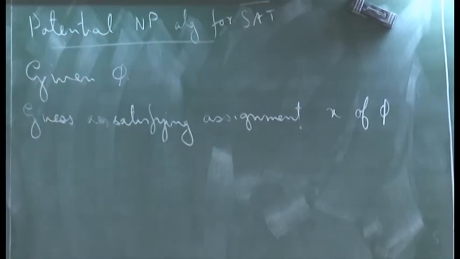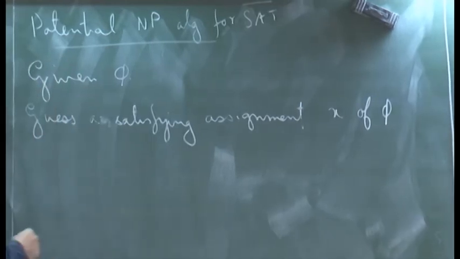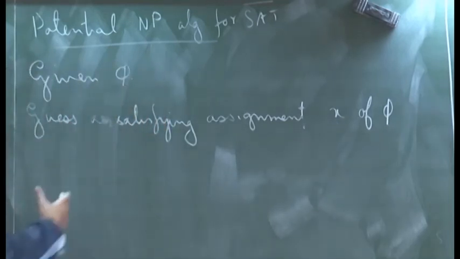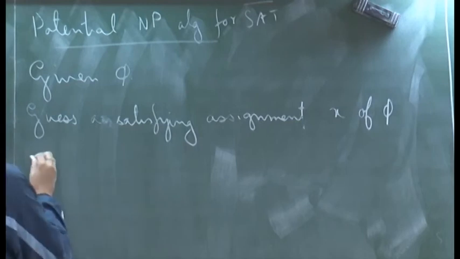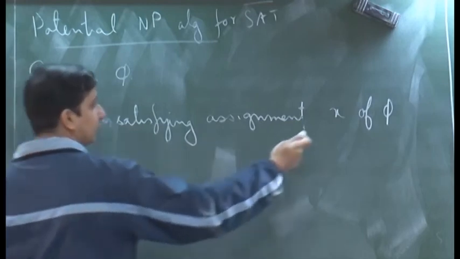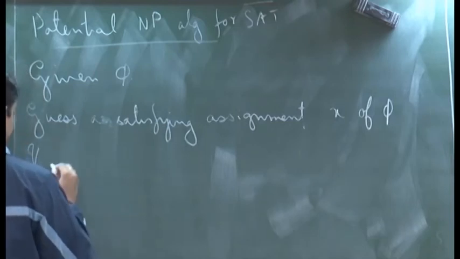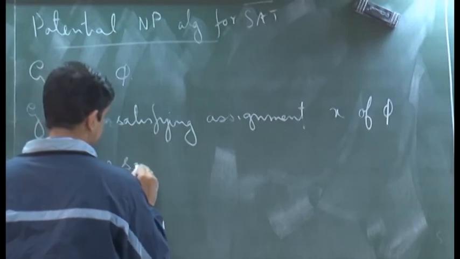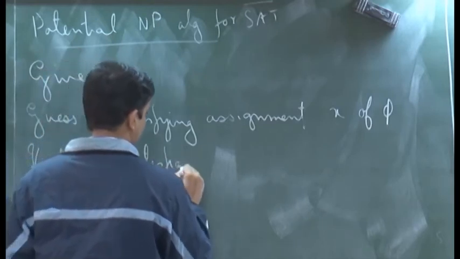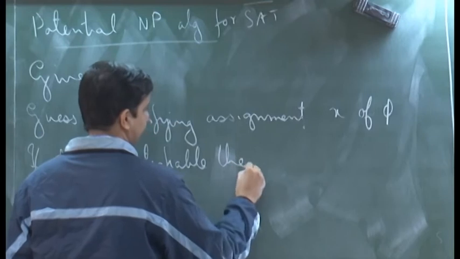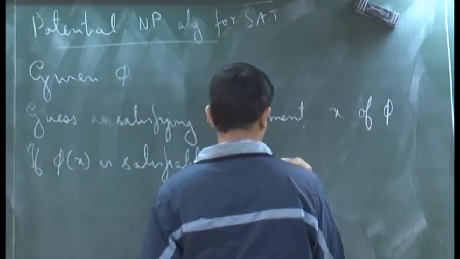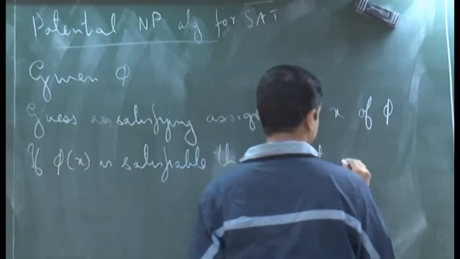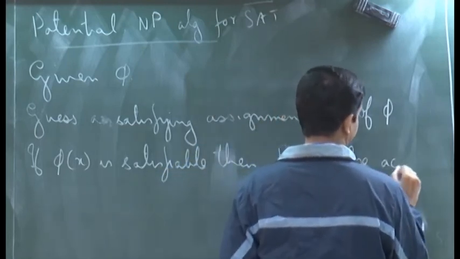Okay. So, you just construct a string x comprising assignments to the variables of phi, and plug in those values onto phi, and then if phi of x is satisfiable, then reject, okay, else accept.